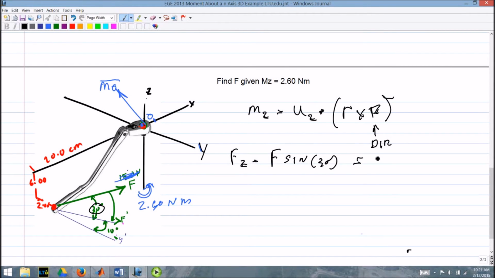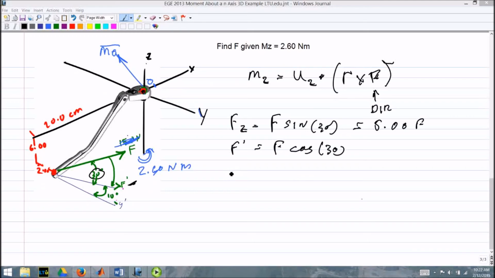And that's going to be 0.500 F. And I can project that down onto the xy plane, or parallel to the xy plane, and I get this F prime here. F prime equals F cosine of 30. And then given that projection down parallel to the xy plane, I can find the x and the y components pretty straightforward.